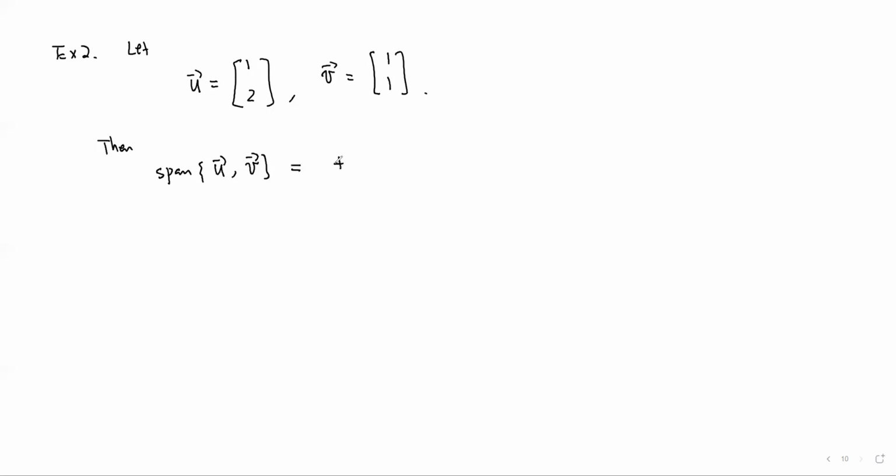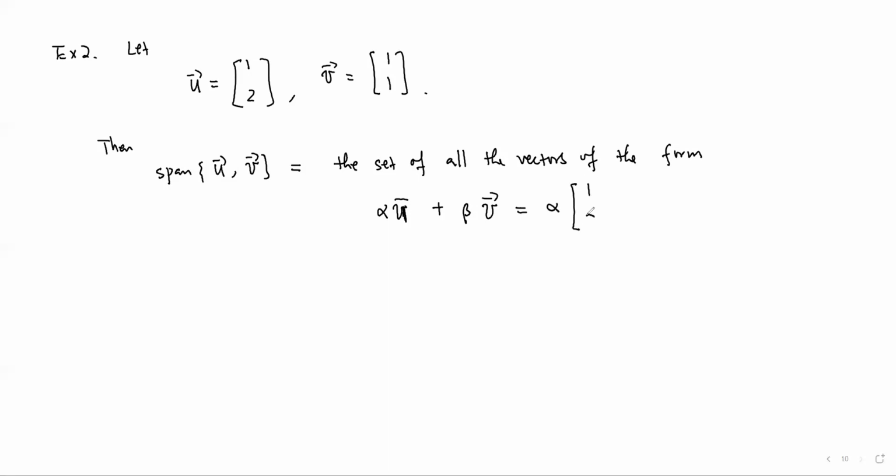By definition, it is the set of all vectors that are linear combinations of the form alpha times vector U plus beta times vector V, with alpha, beta arbitrary scalars. In detail, it is alpha times (1, 2) plus beta times (1, -1).